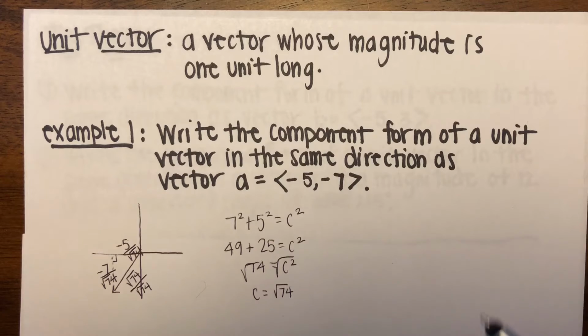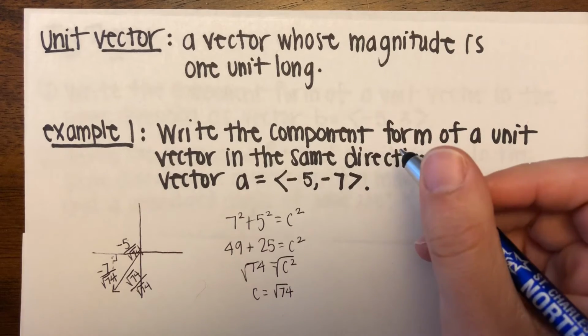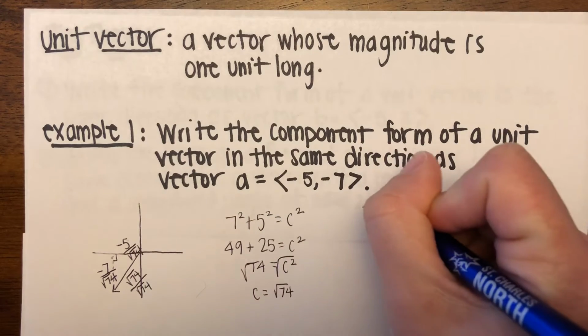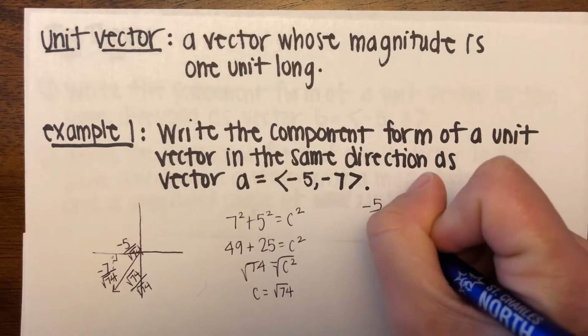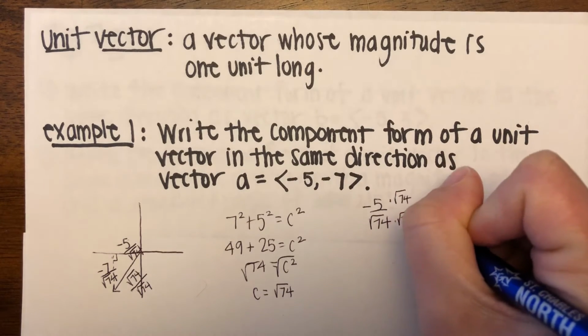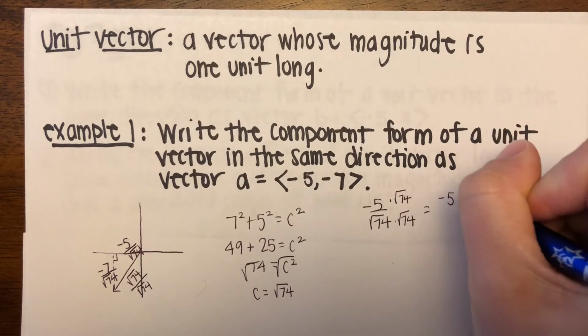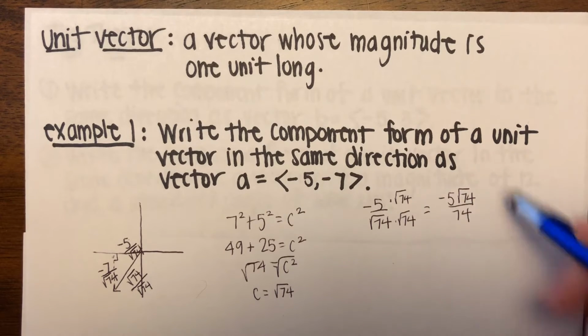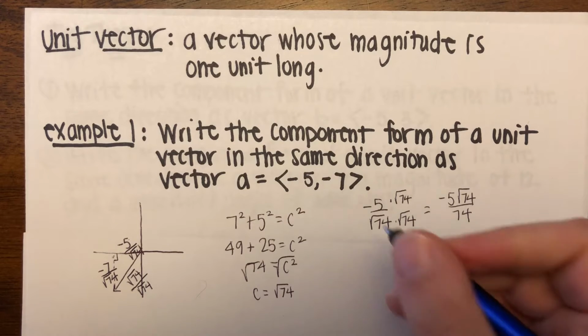Now we just have to rationalize the denominators because it's bad math manners to have a square root on the bottom. So our x component, -5 over the square root of 74, if we multiply top and bottom by the square root of 74 to rationalize that, gives us -5 root 74 over 74, which would be our new x component of our rescaled vector.